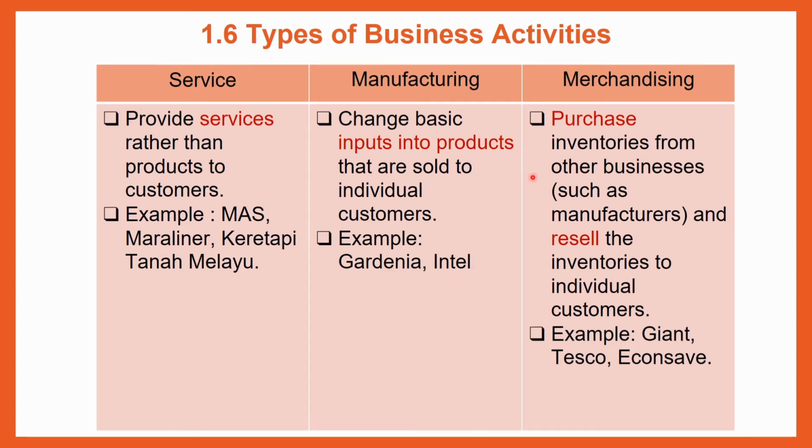Merchandising is the process of purchasing inventories from other businesses such as manufacturers and reselling the inventories to individual customers. For example, Giant, Tesco, and others. So this is the difference between the business activities: services, manufacturing, and merchandising.